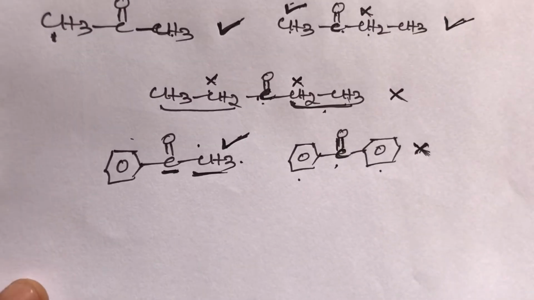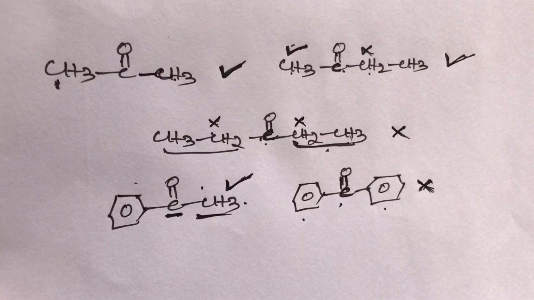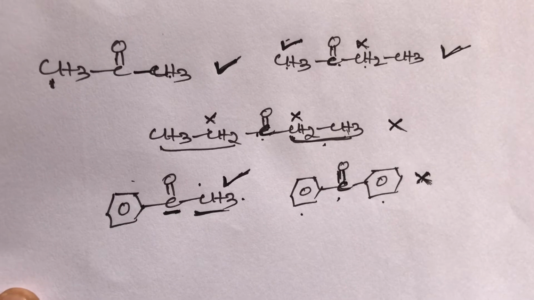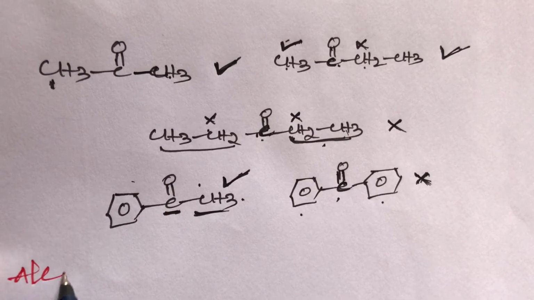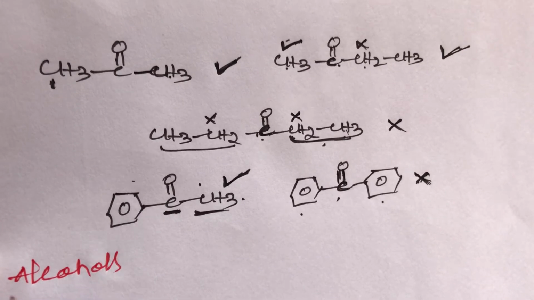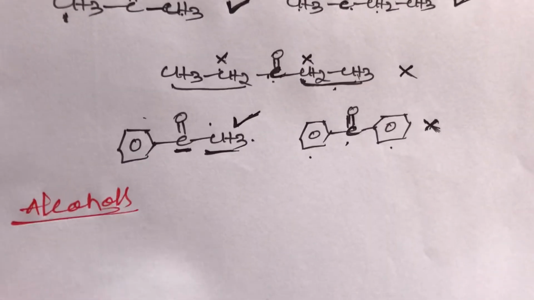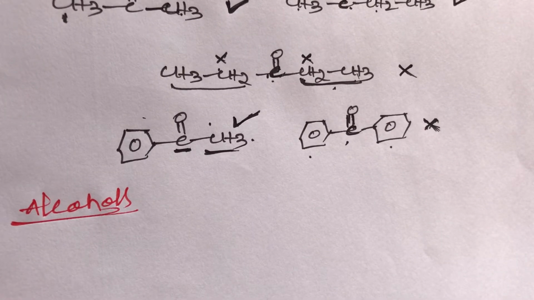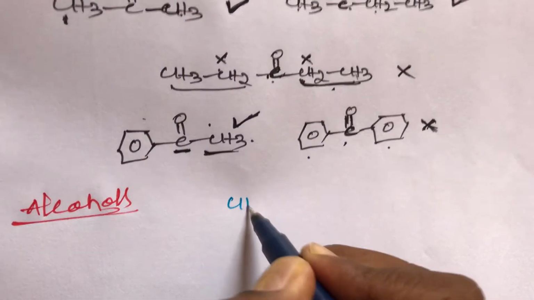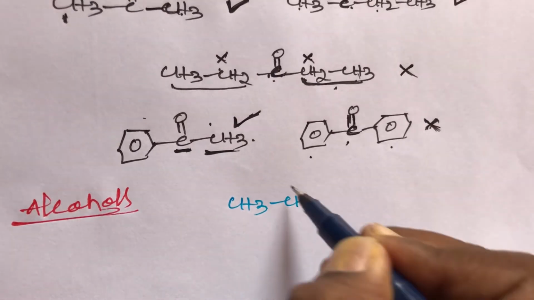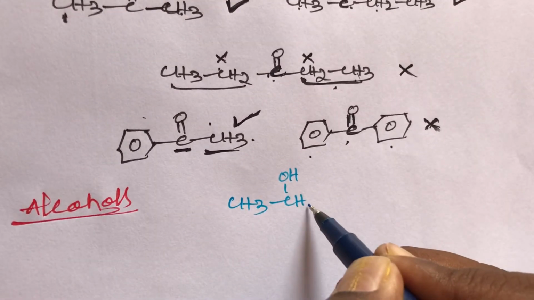And one more example, students. What is the next one? That is the iodoform test for alcohols. The iodoform test in alcohols is also very important. In alcohol iodoform test, the compound is CH3-CHOH-, like this.